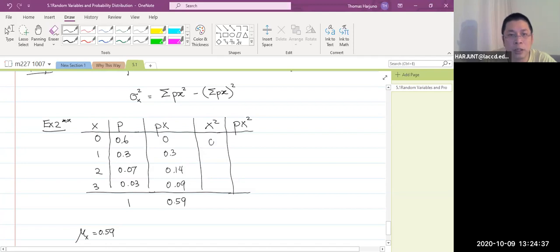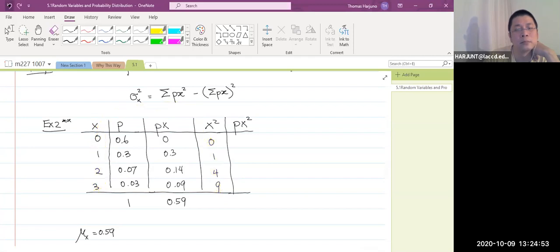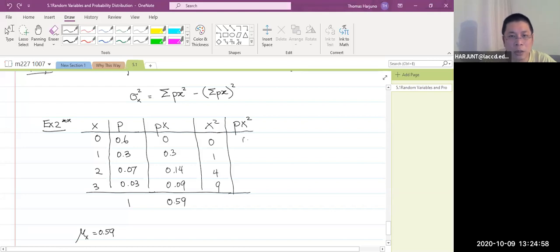This will be 0, 1, 4, 9, right? I square it from here. Then multiplied by the probability, I will get 0 here, 0.3 here, 0.28, 0.27, with the total of 0.85.